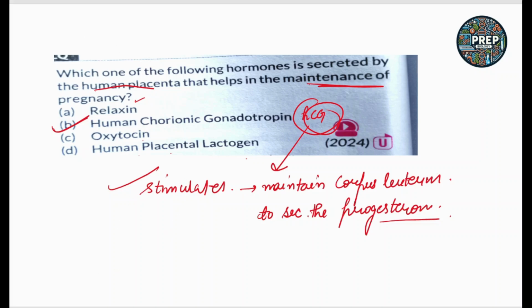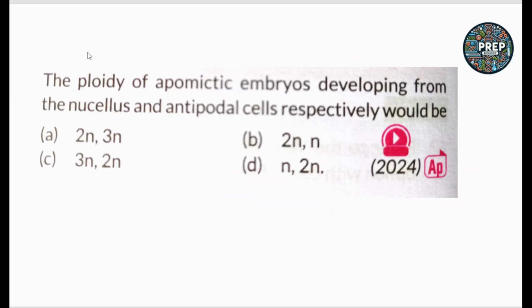Okay. Next question is, the ploidy of the apomictic embryos developing from the nucellus and antipodal cells respectively would be. Apomixis means the formation of the embryos without fertilization. So you have to find out the ploidy of nucellus and antipodal cells.